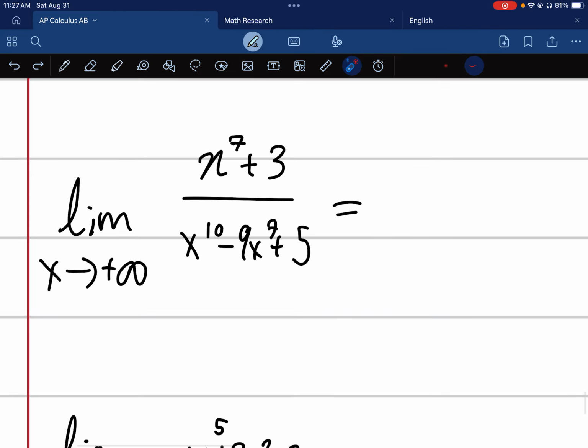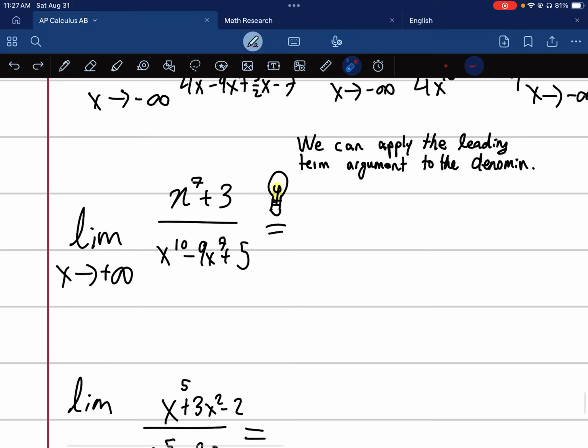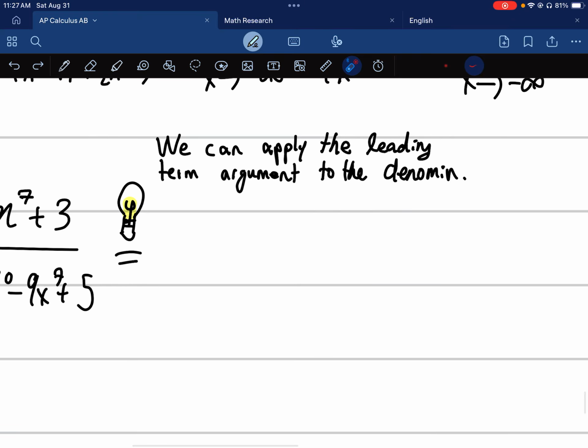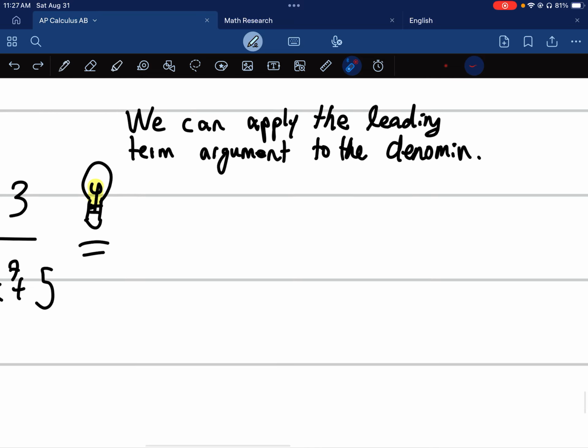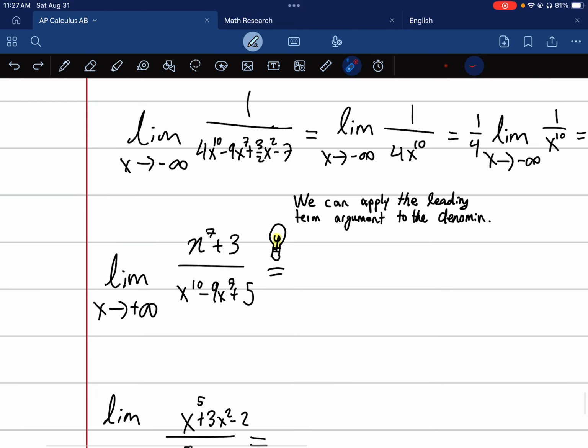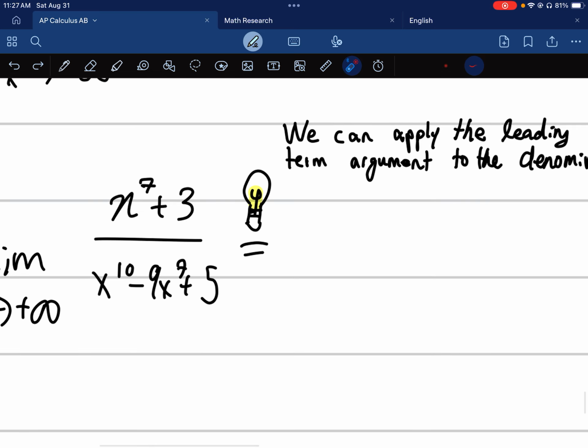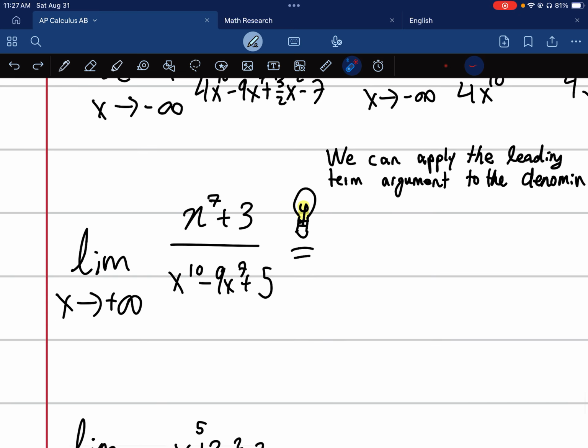Here, notice we don't have a 1 here anymore. We have a rational function. How do we evaluate that? Here's an idea. We can apply the leading term argument to the numerator. I misspelled that, I put denominator, I meant numerator. So we can apply this argument of only caring about the leading term here as well.